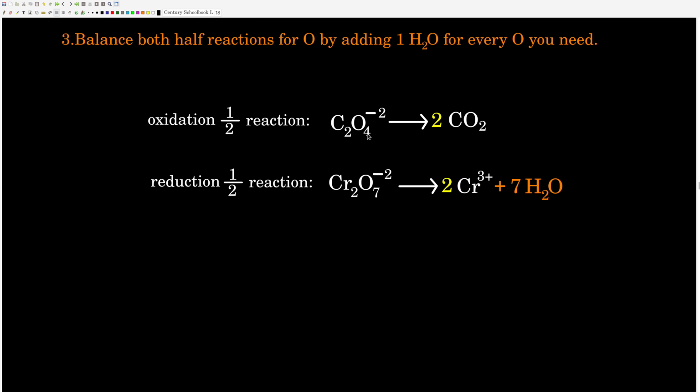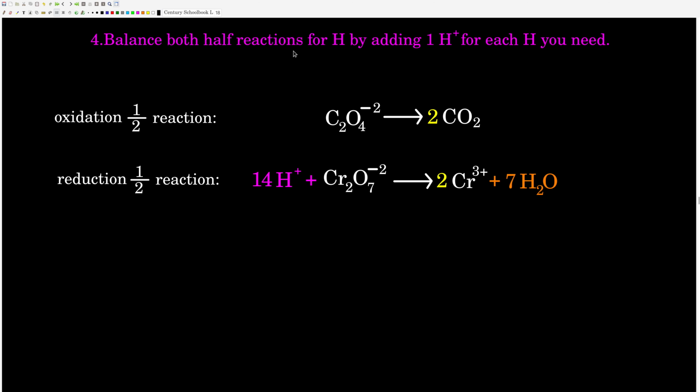We already had 4 on the left, so they're already balanced. We don't have to do anything. But when we come down here to the reduction half reaction, we have 7 oxygens on the left, and we didn't have any on the right, so we needed 7 more oxygens. So I added 7 waters. It gives us 7 oxygens. We'll get to the hydrogens in a minute. But now we've balanced the oxygens. We'll move on to step 4.